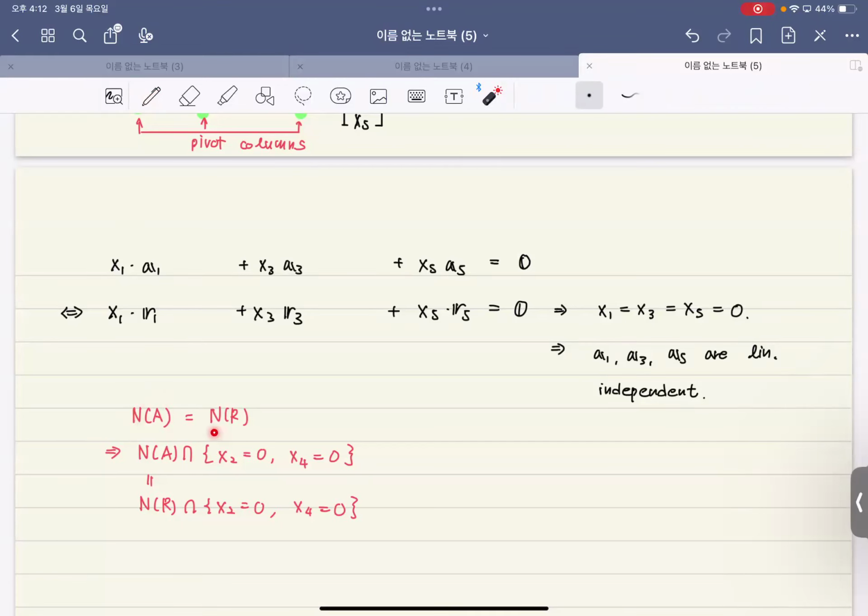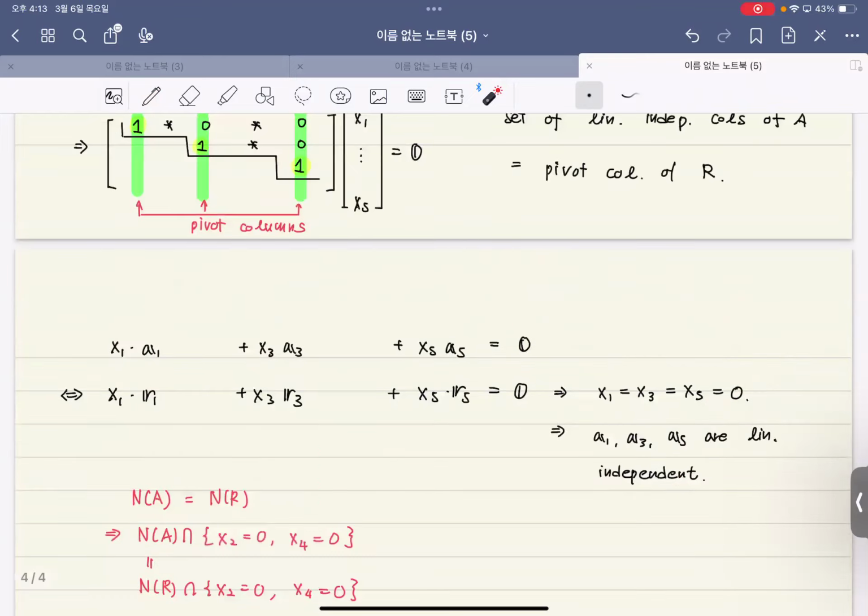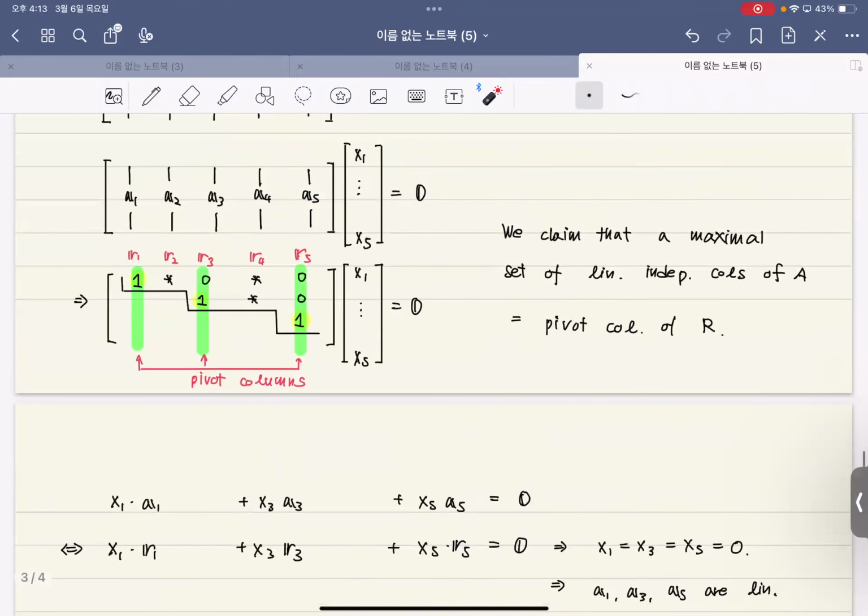Since this is the same as this one, setting every free variable equal to 0, this set must be the same as this one. But the only solution of this was the trivial solution. Therefore, the only solution of this, which is this, must be the same as this one. So they must be linearly independent. So the pivot columns are automatically linearly independent.